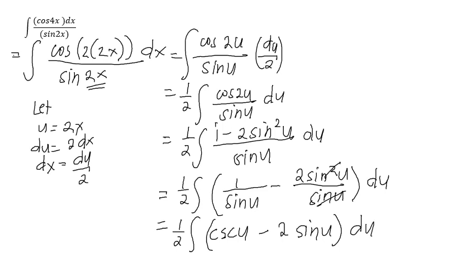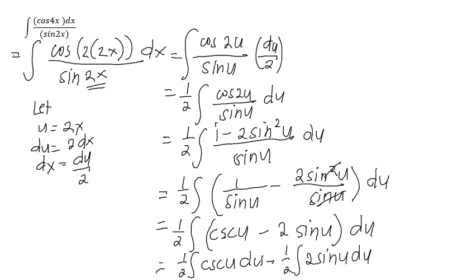If I distribute my integration elements to each term, I will get 1/2 integration of csc u du minus 1/2 integration of 2 sine u du, and I could cancel out 2 and 1/2, so I'll just have the integration of sine u du.